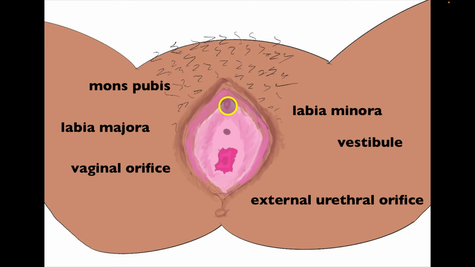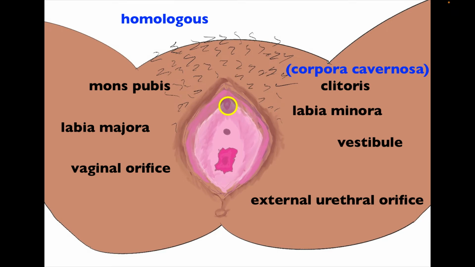This is representing the clitoris. The clitoris is homologous to the male penis. We haven't talked about male reproductive anatomy yet, but the penis is composed of three structures, two corpora cavernosa and one corpus spongiosum. The clitoris that we see right here does not contain the corpus spongiosum. The corpus spongiosum of the male penis contains the urethra, which is used both for the urinary system and reproductive system.